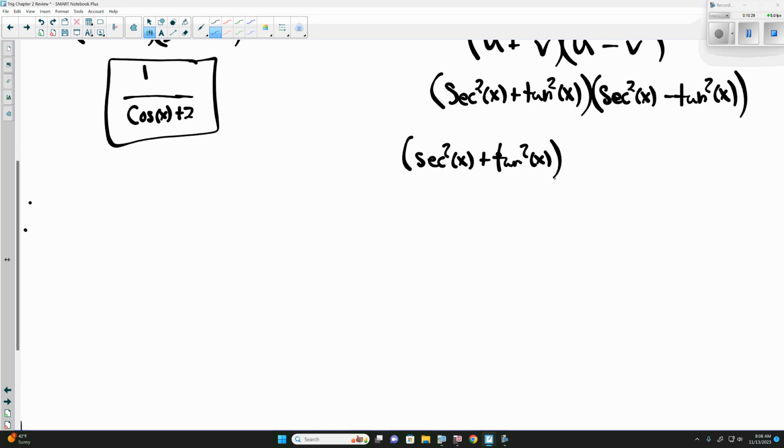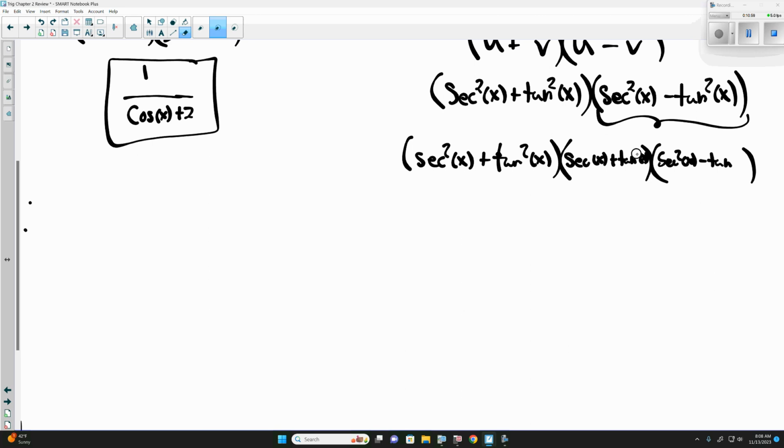However, if we look at the second set of parentheses, the second one, secant squared of x minus tangent squared of x, is a difference of perfect squares, which will factor to secant of x plus tangent of x times secant of x minus tangent of x. I don't know why I was putting squared.